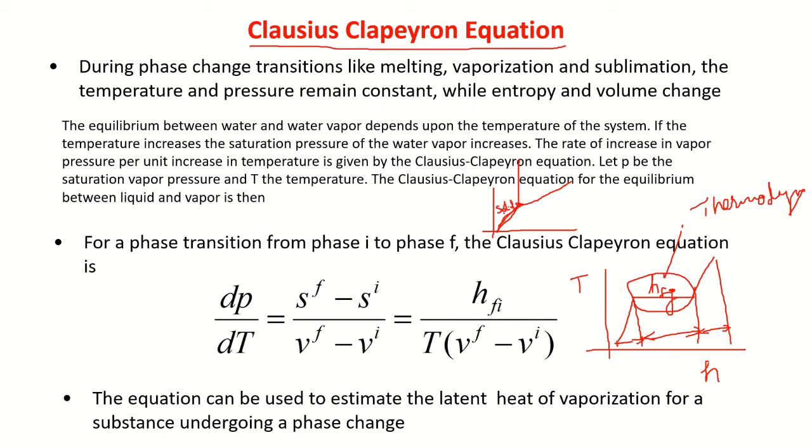You want to completely convert that into, let us say, the gaseous phase. What do you call that? Sublimation. If you want to convert solid into liquid, that is what we call melting.